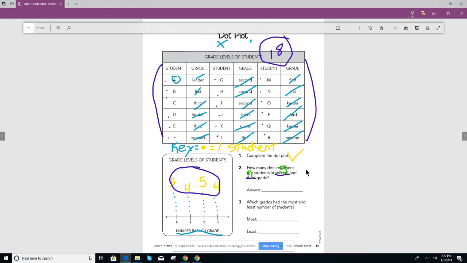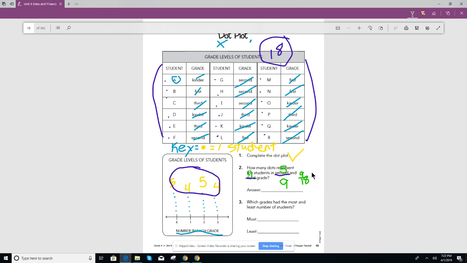So how many dots represent the students in second and third grade? How am I going to get that answer? Yeah, we're going to add those together. And 4 plus 5 is 9. So 9 out of 18 kids are in second or third grade. So that's a fraction.